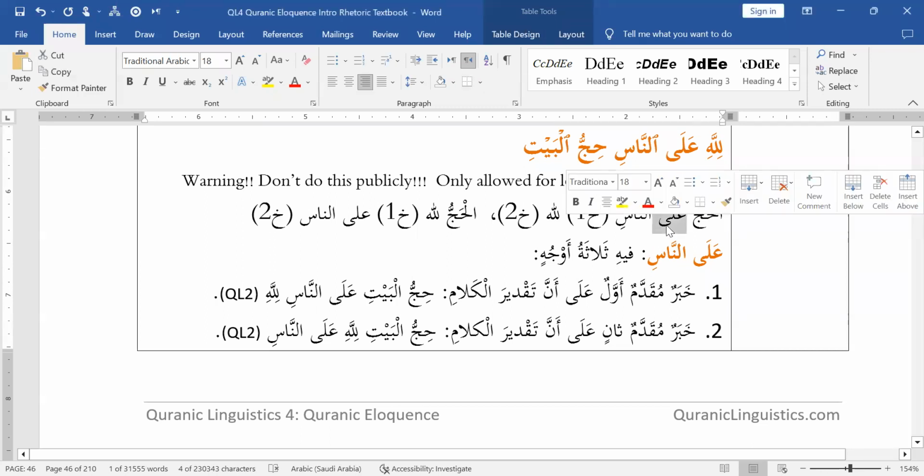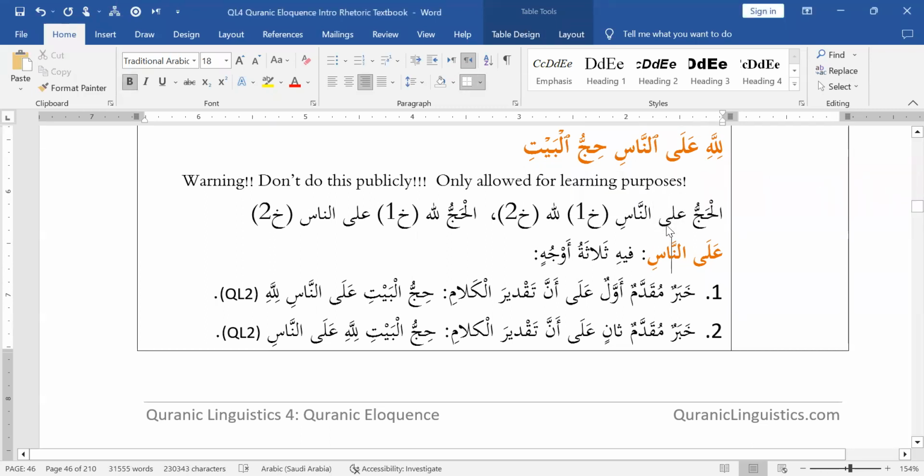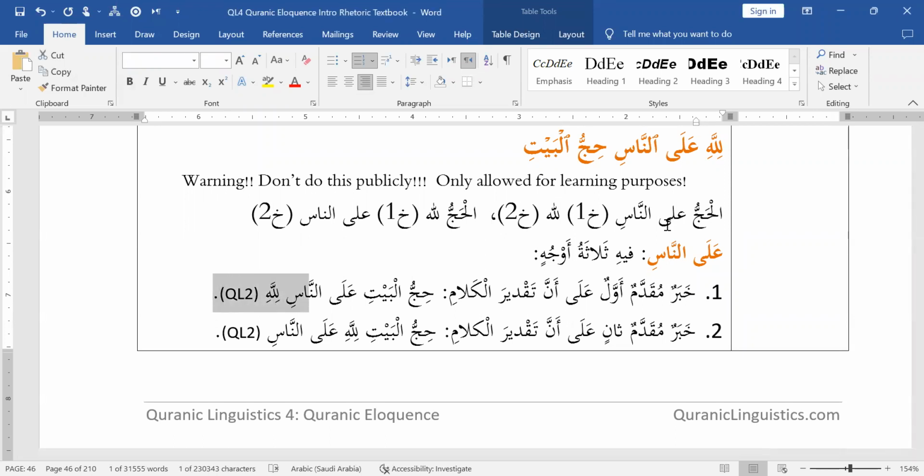Okay, so why do we do this taqdeer? This taqdeer helps us identify the i'rab. This technique of doing taqdeer is very common in i'rab books, where if there's a complicated or sophisticated expression, such as this one, where the order is inverted, they call it inverted subject-predicate order, then in order to justify and study the i'rab, we have to revert back to the original order of things.